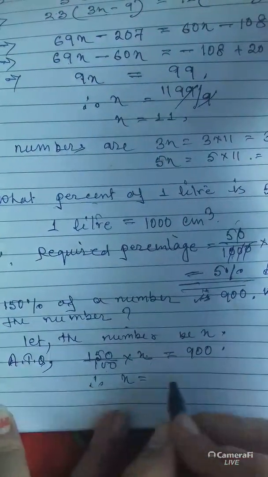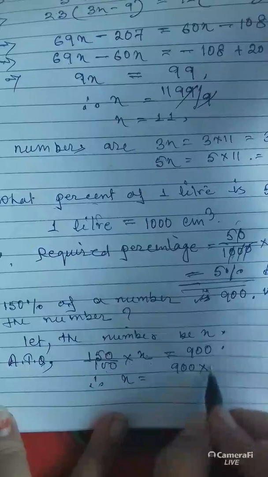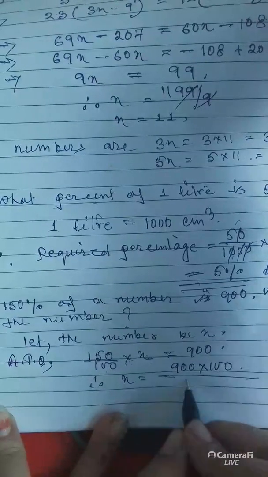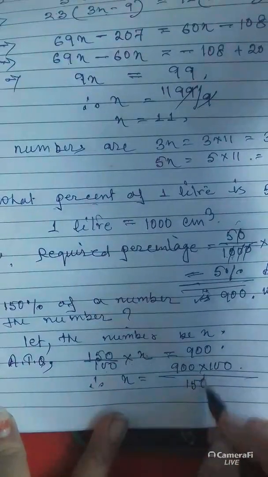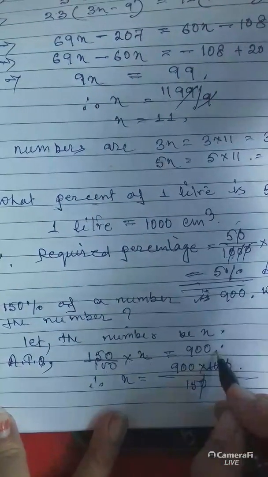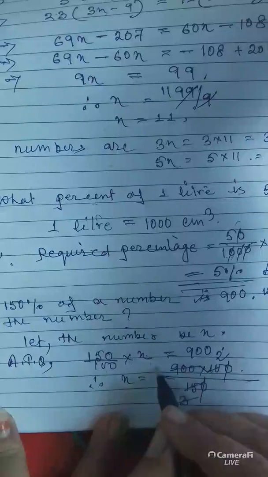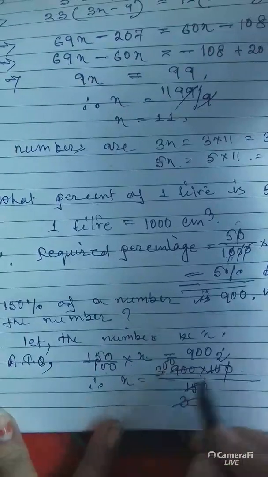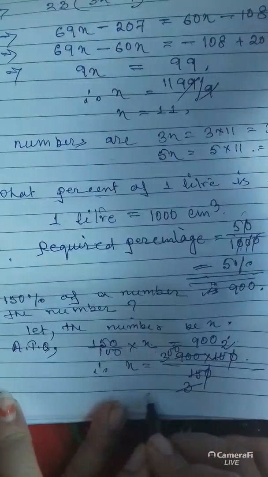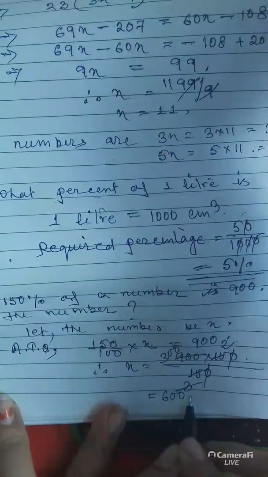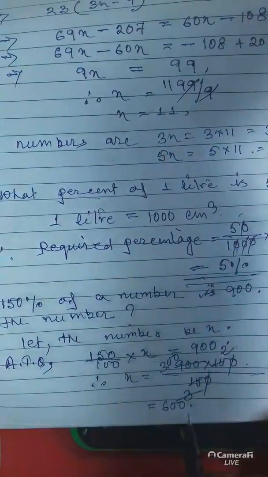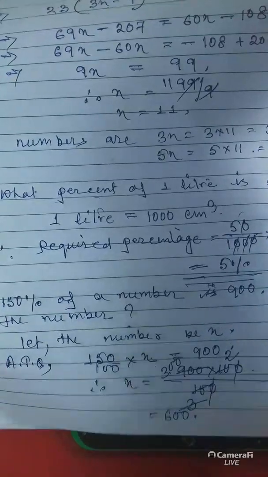Therefore x equals 900 into 100 by 150. Cancelling, 300 into 2 means 600. The number is 600.